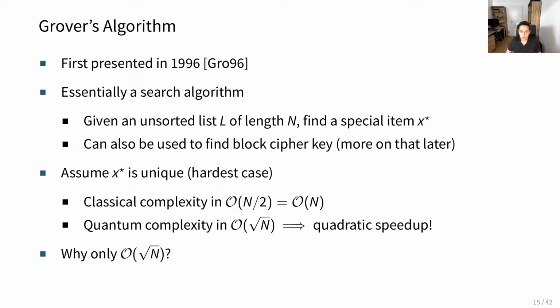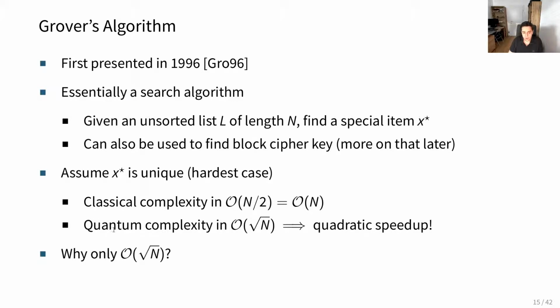We can think about how many trials we would need on a classical computer if we are given a list of length n. It is linear complexity, O(n), but actually after about half of the trials, you would expect to have already encountered this element, and then the probability of not encountering it gets smaller and smaller.